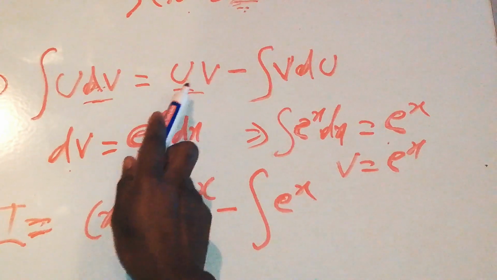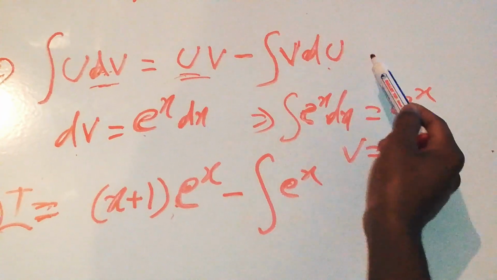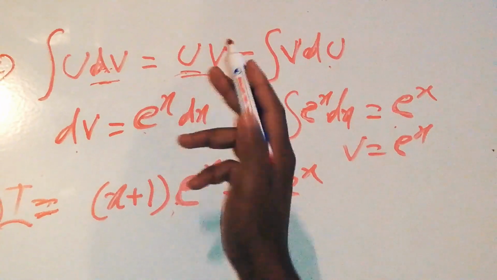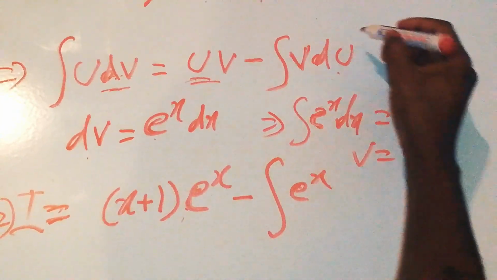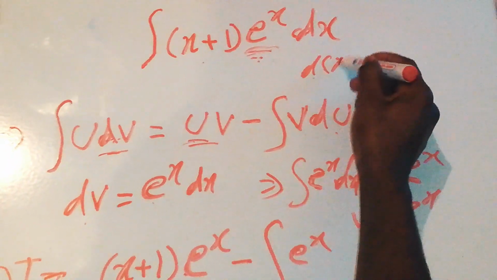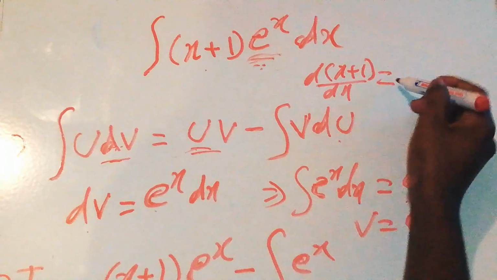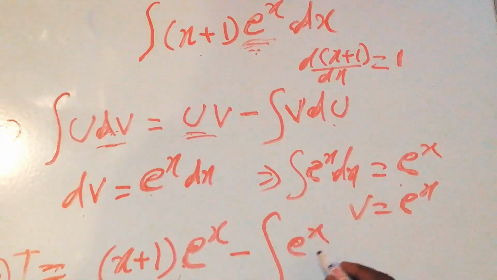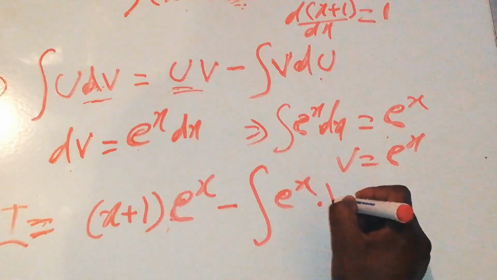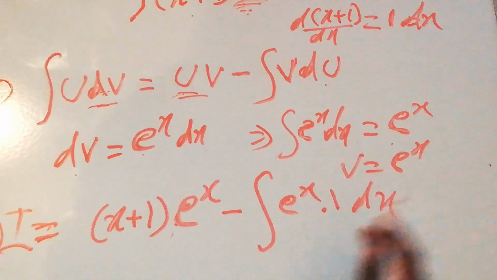Now u is equal to x plus 1, which means du now is equal to, we know that if you take the derivative of x plus 1, you're getting 1, right? So here I'm going to say 1 dx, 1 dx.